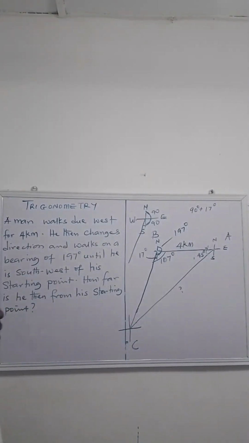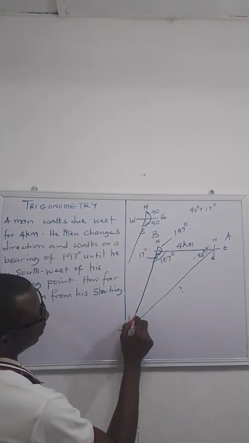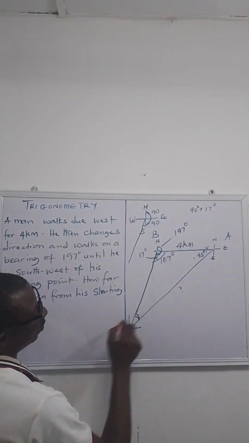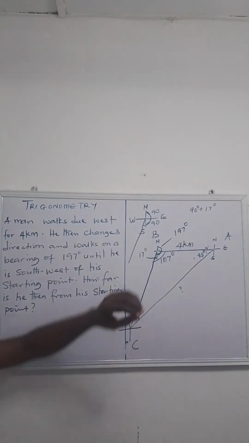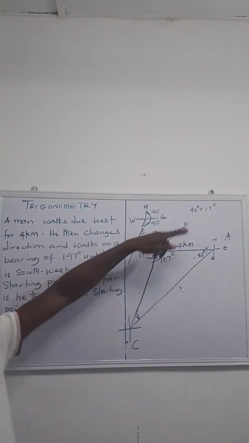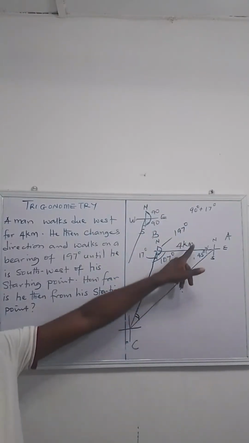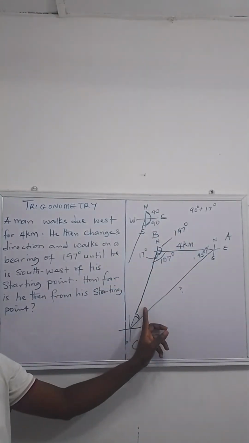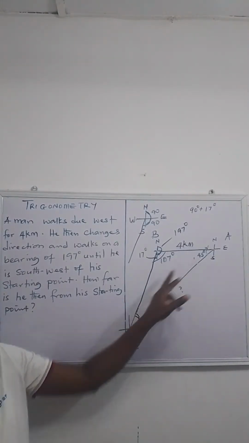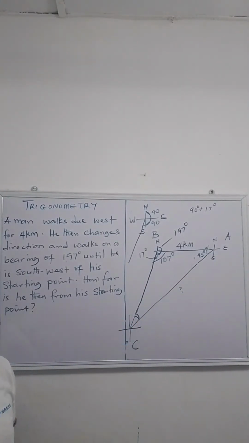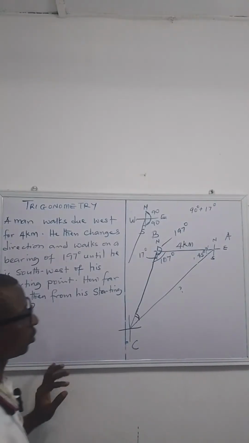All right, so now the next thing is to get this small angle, because my objective is to show you an angle and its side. So what I'm going to do is add all the angles together and equate it to 180, the sum of angles in a triangle.